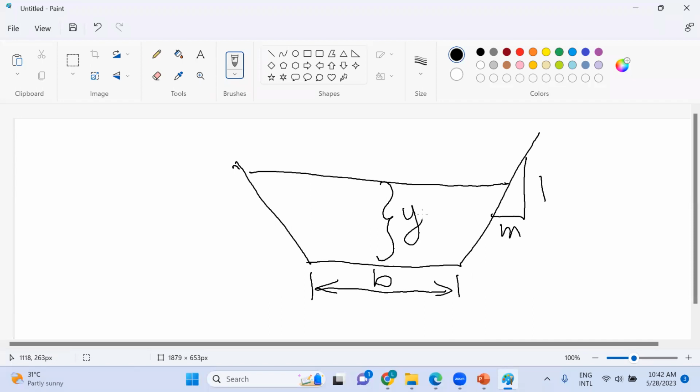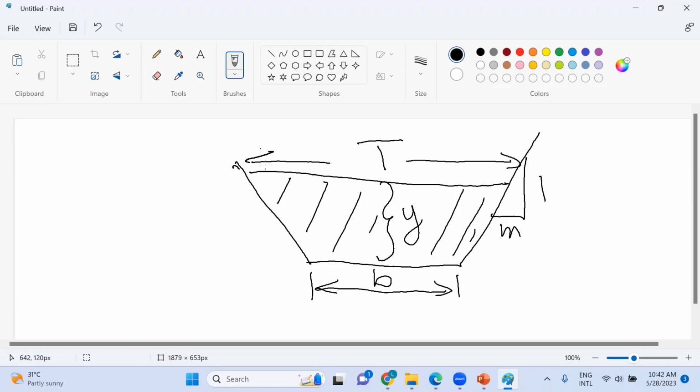All right. So we want to understand what is this cross-section area that contributes to the water flow. Right. So how do you do it? If you say this is capital T, capital T. And let's say this height here is y, so that this length here is a.